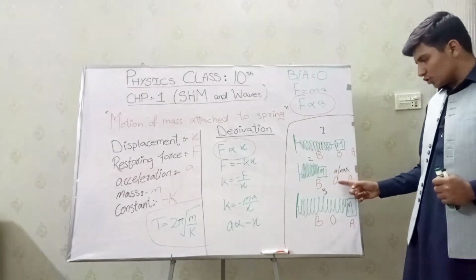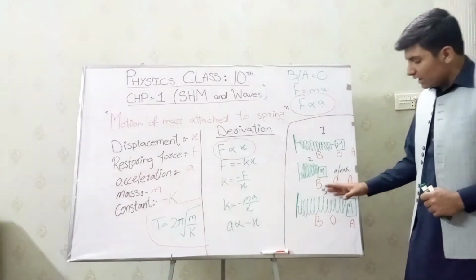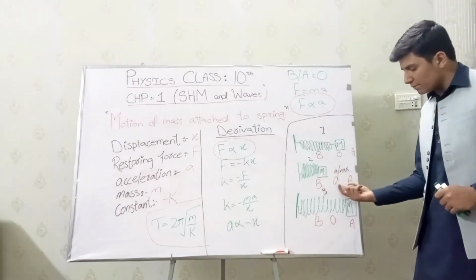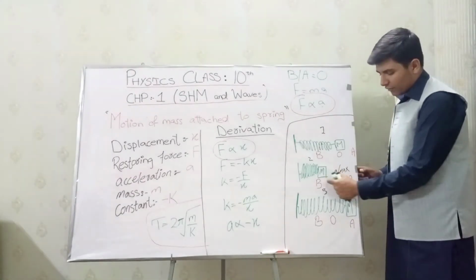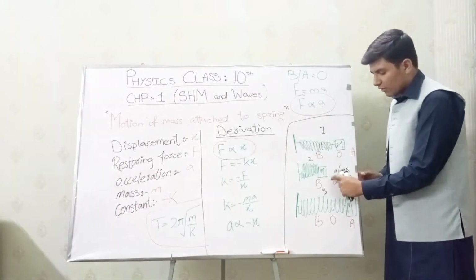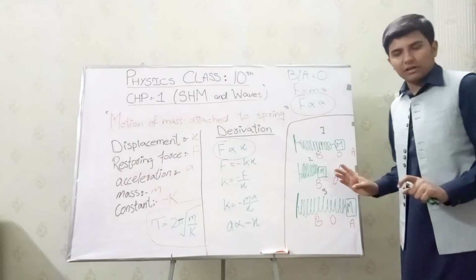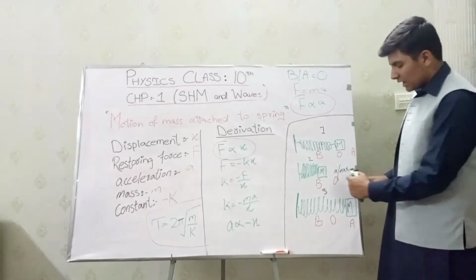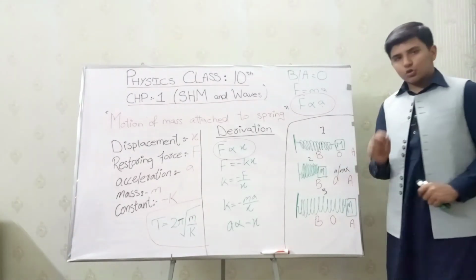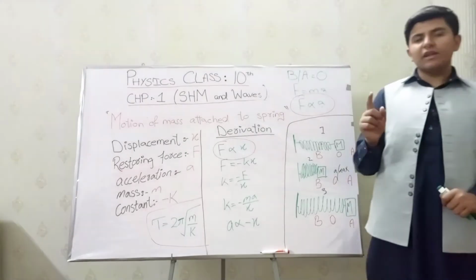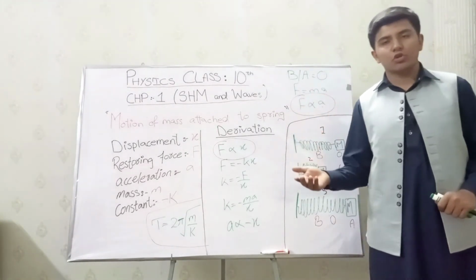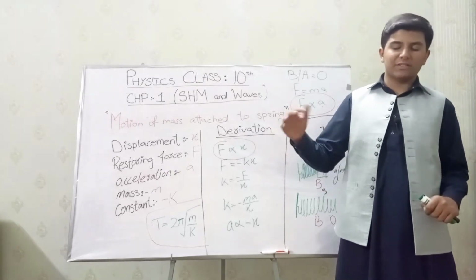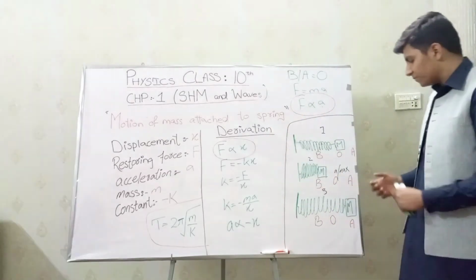When it reaches O, for example, if we have compressed it and released the force, it comes back to O. Say we pause the video here. The total setup has been paused and the mass is at O. In class 9th, you have studied inertia. When an object is in motion, it tries to stay in motion, and when an object is at rest, it tries to remain at rest.